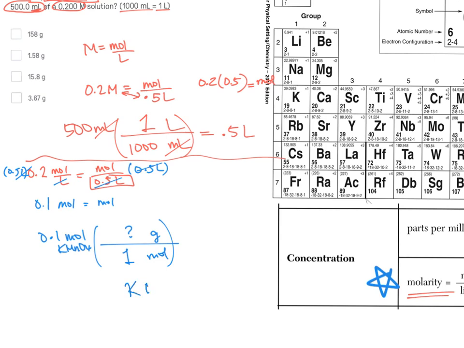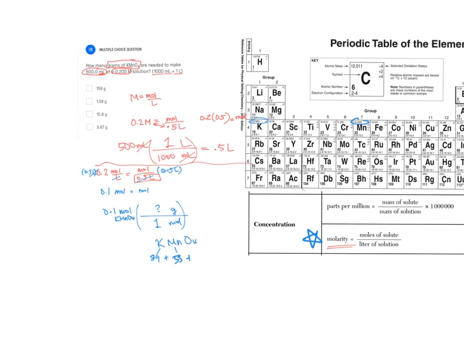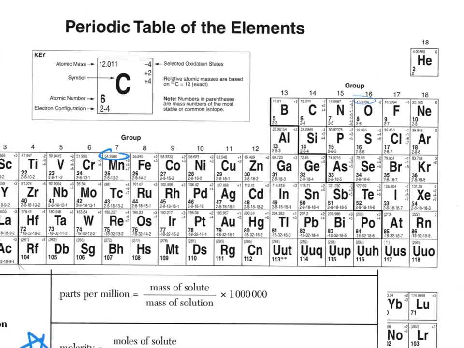So let's write that down here. Potassium, which is right here, 39 grams. Manganese, which is right here, is approximately 55 grams per mole. And oxygen, if you're not sure, it's right here, 16 grams per mole.